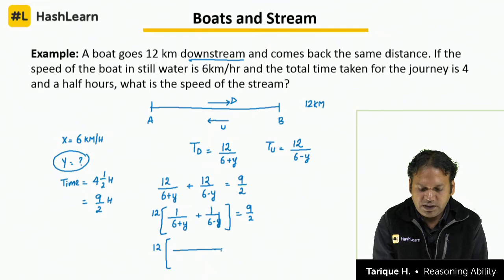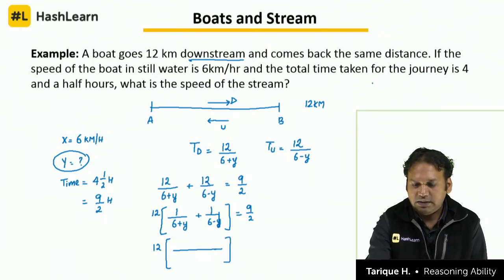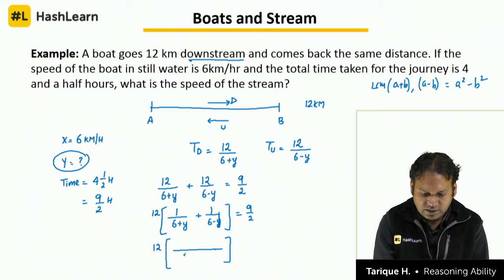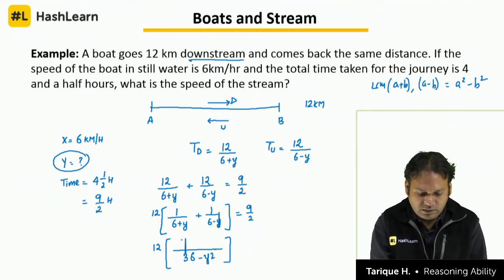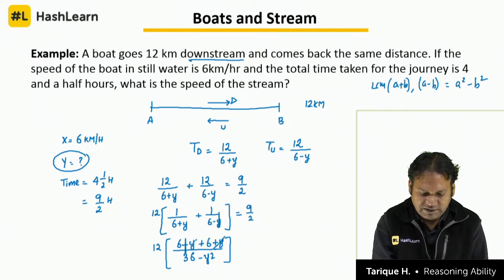The LCM of a plus b and a minus b is equal to a square minus b square. So, 6 square, 36, minus y square, correct. Now, this will become 6 minus y on top, this will become 6 plus y, minus y will get cancelled, 9 by 2.